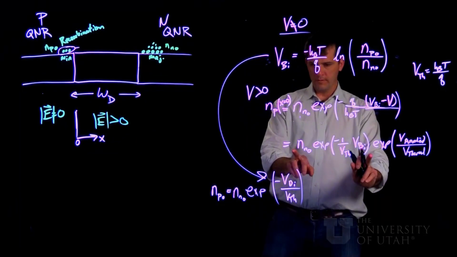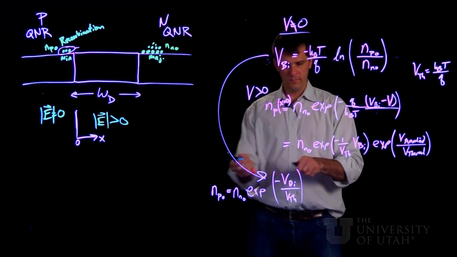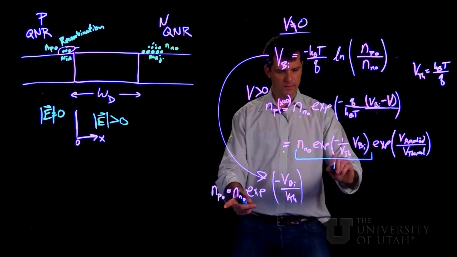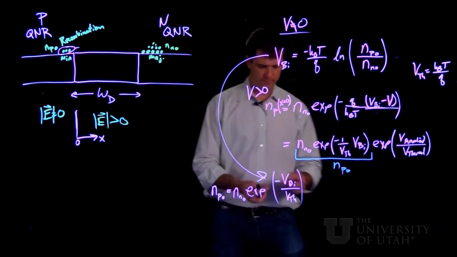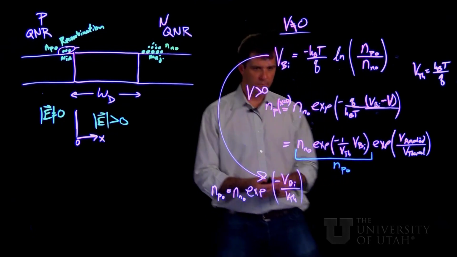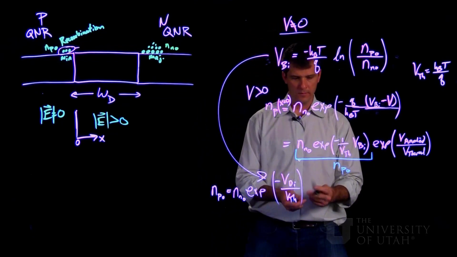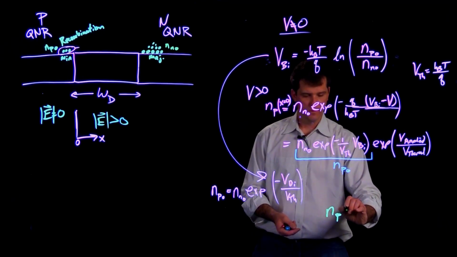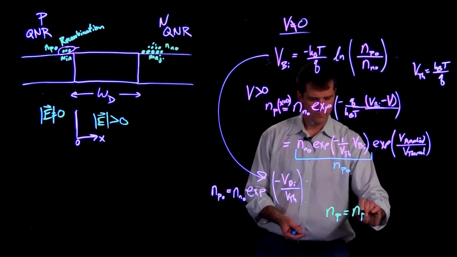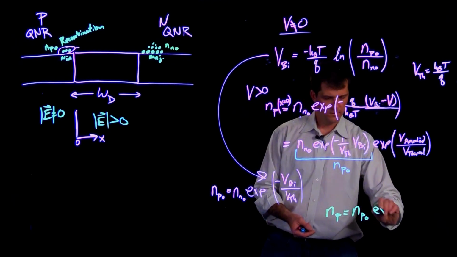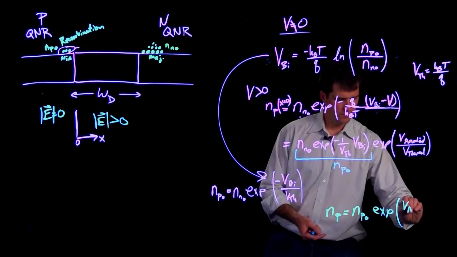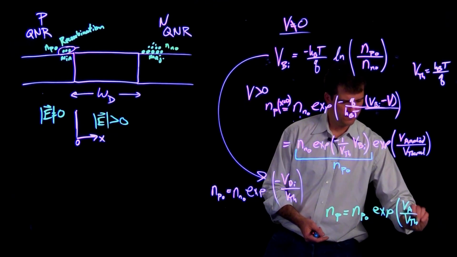So what we can see is that if we replace this grouping here, we can substitute that as n p naught. So in the end here, we have n p equals n p naught exponential to the V applied over V thermal.